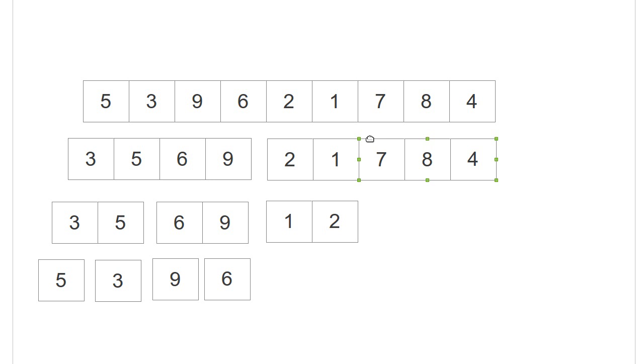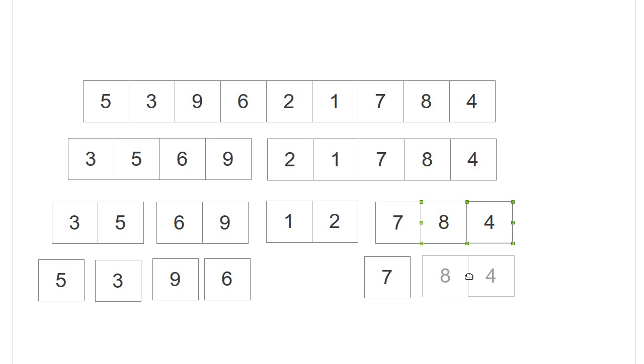Then we recurse on this half, and it splits with just the 7 going down to one side, and the 8 and 4 coming on the other.